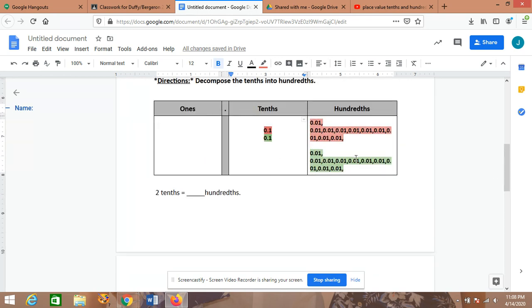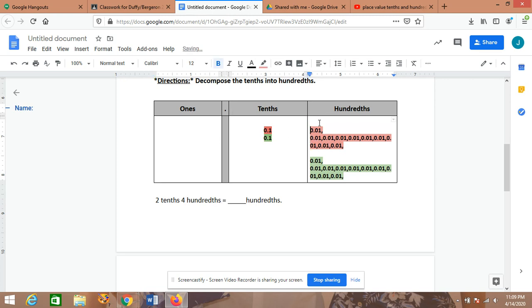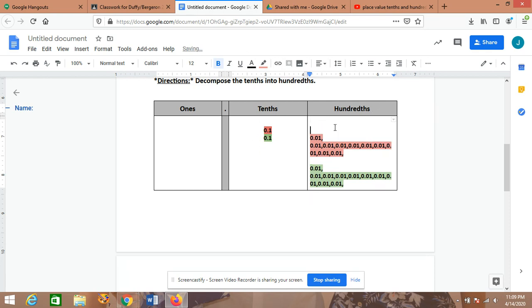So same idea. And what you also might see is I might do something like this. You start with 2 tenths, just like we did already, but also we have 4 hundredths already. So when you see that, those 2 tenths will already be there, and also at the top, the 4 hundredths will be there.